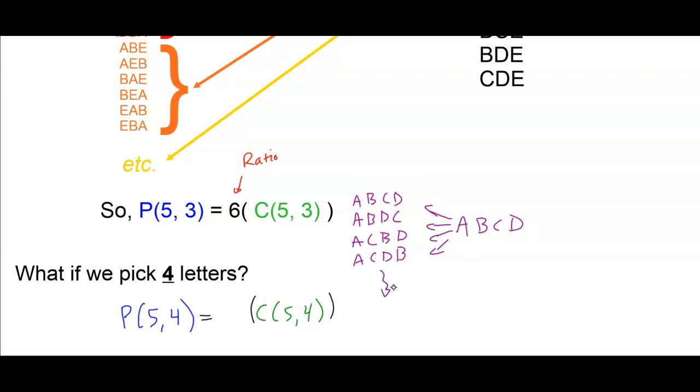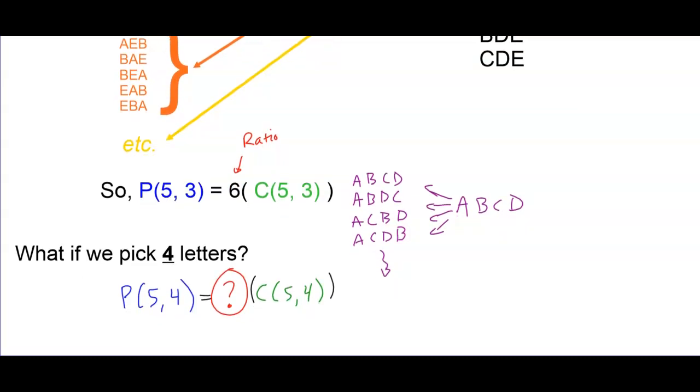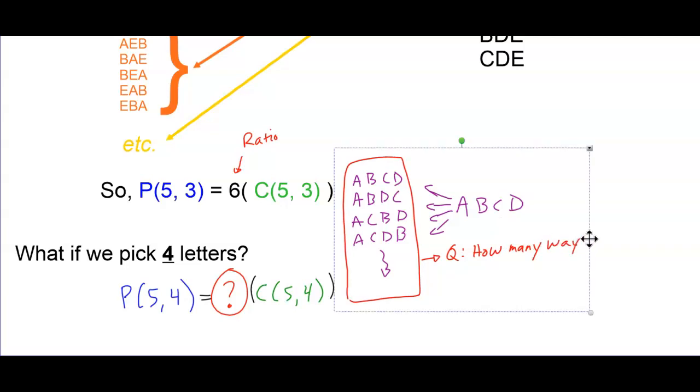So we need something a little bit more efficient so that we can figure out what number is going to go here. And this basically turns out to be its own little baby permutation question. The question here is, how many ways can I rearrange 4 letters? And certainly order matters, because that's kind of the whole point.